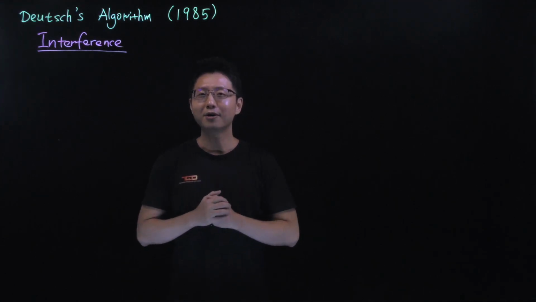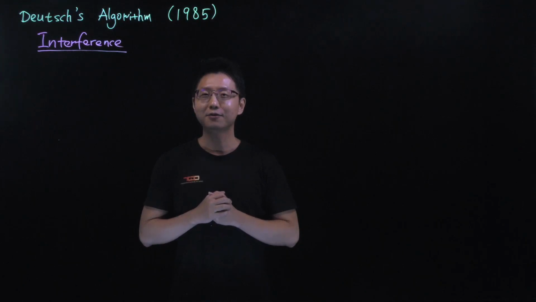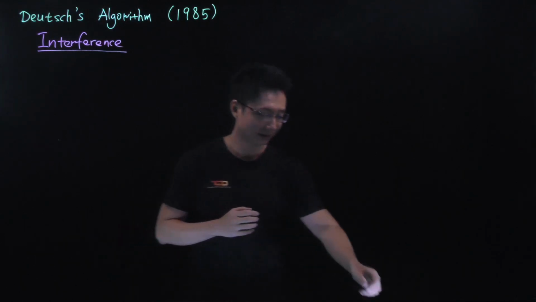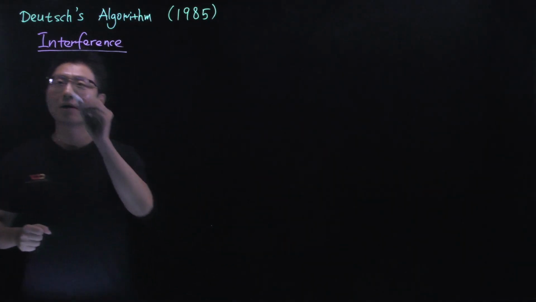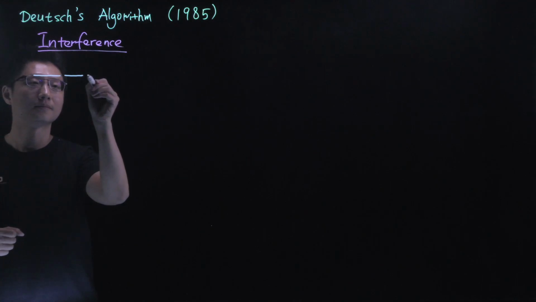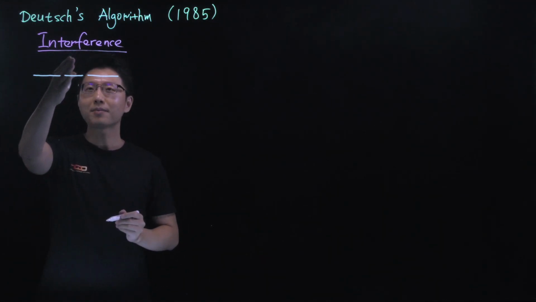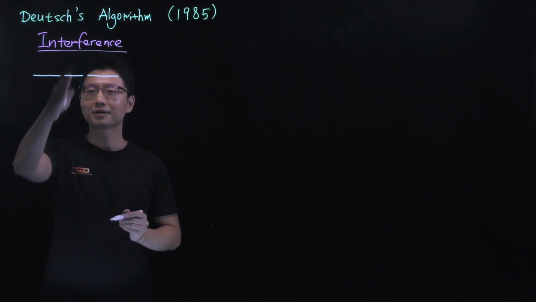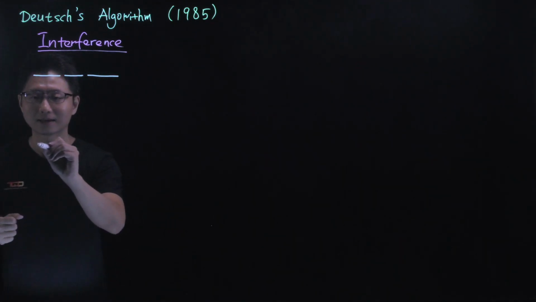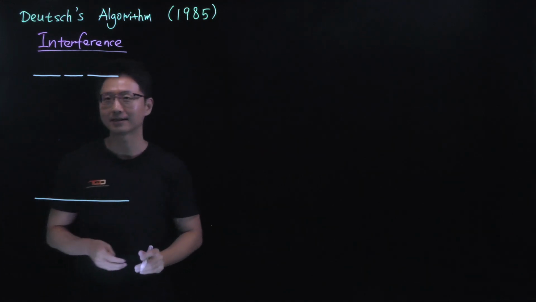To illuminate more on the origin of interference, let me explain a quite famous experiment called Young's double slit experiment. So let me show you what happens in this experiment. In this experiment, there are two slits where a quantum particle from above could pass through either of the two slits and arrive at a screen which is quite far away from the slits.